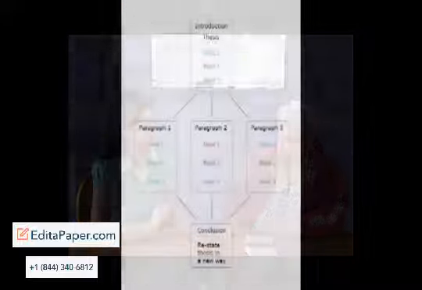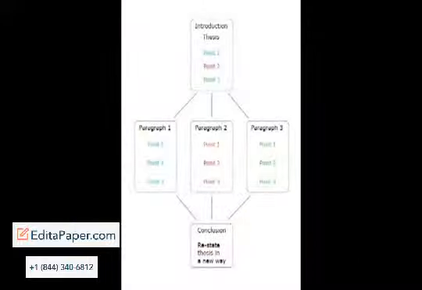So in that 5-paragraph essay, you'll have 1 paragraph of introduction, 3 paragraphs of discussion, and then the last one will be a wrap-up or a conclusion. And in the 3 paragraphs of discussion, it's usually 1 main point per paragraph, depending on what the question or the statement requires.